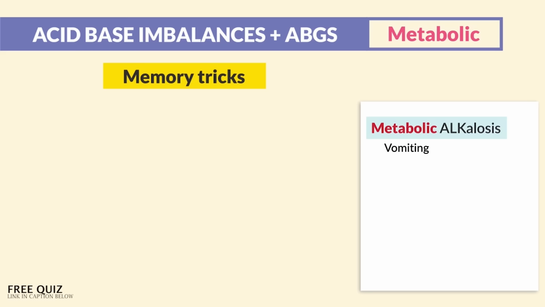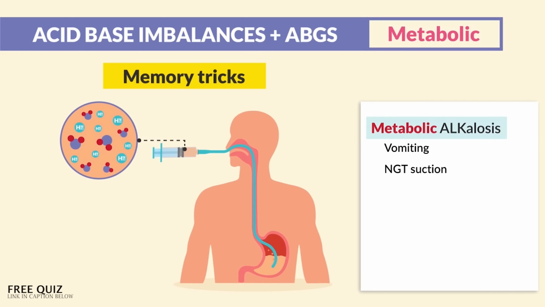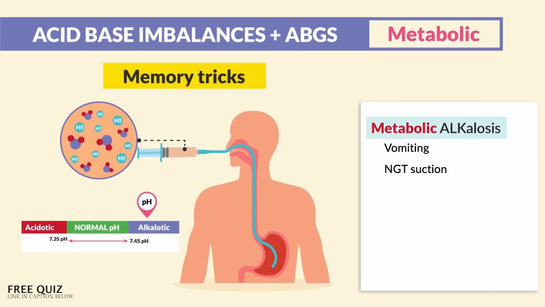Now, this is also true with NG tube suctioning, that nasogastric tube. Again, too much acid loss leaves us in a base or alkalotic state. So the key points to write down is vomiting and too much NG tube suctioning is metabolic alkalosis.